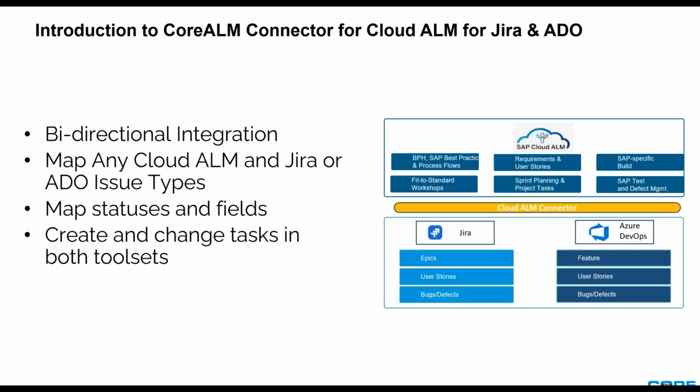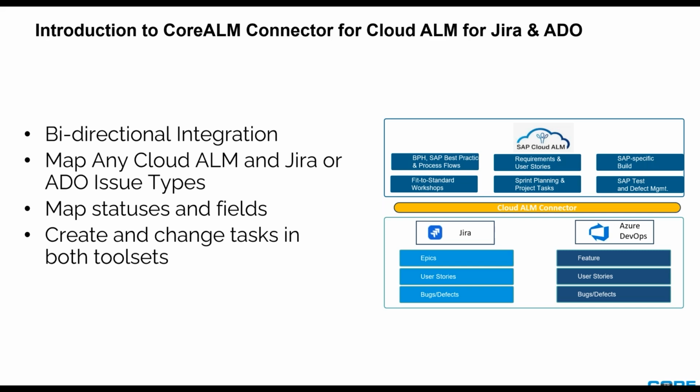So just a brief overview: the integration between SAP Cloud ALM and Jira or Azure DevOps is a bi-directional integration. You could create items in Cloud ALM, or you could create items in the third-party tool and automatically have them flow into Cloud ALM. In addition, you could map any type of issues or work items from Jira or Azure DevOps to any task types in Cloud ALM.